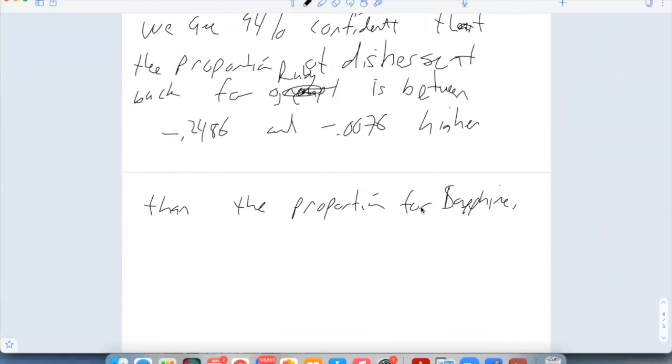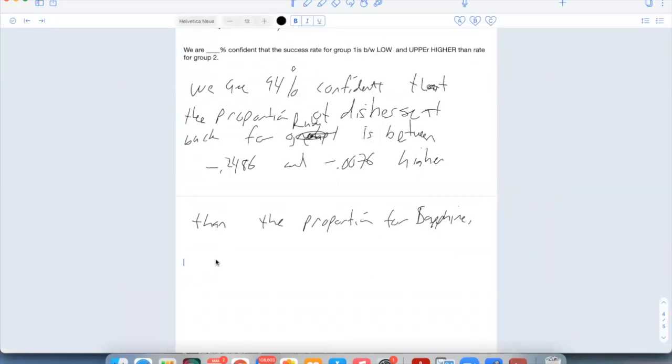It means lower. So another way I could have written this that would make more sense is we are 94% confident that the proportion of dishes sent back for Ruby is between, and here I'll turn these into percentages, 0.76% and 24.86% lower than the proportion for Sapphire.